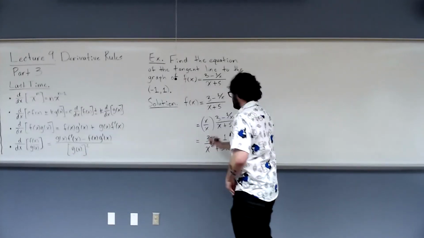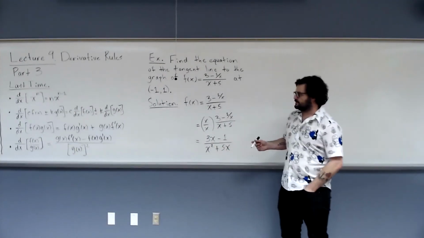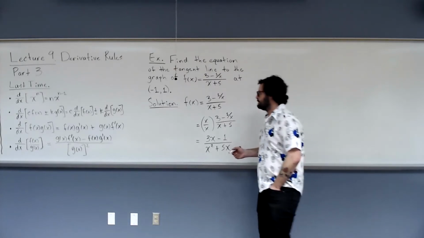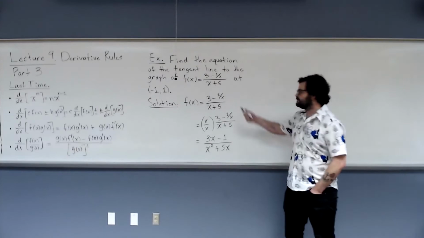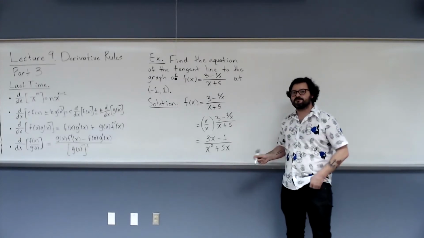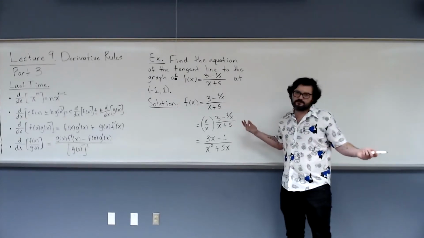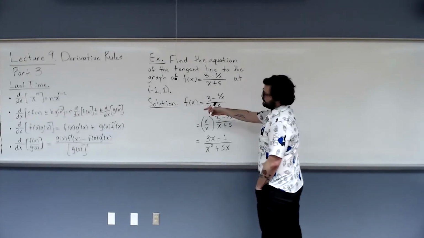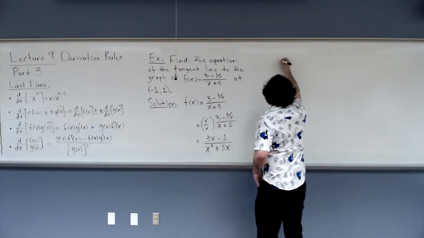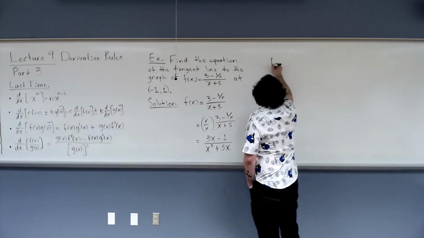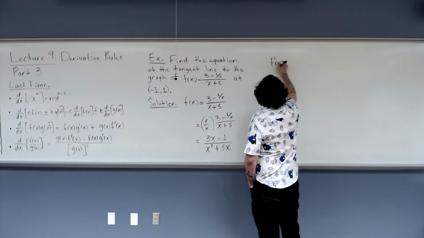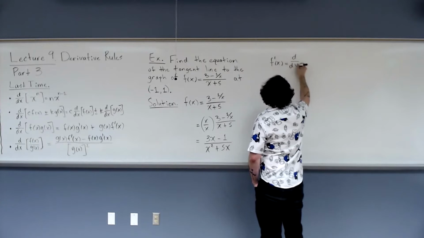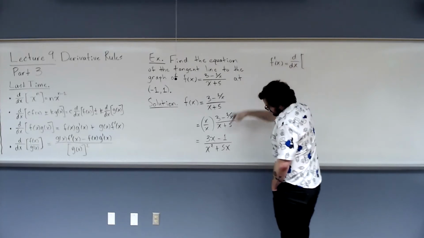Now that it looks like this, I'm going to apply the quotient rule to find the derivative. Admittedly, you didn't have to do that, but it will make your algebra easier. So part 2 is apply the quotient rule. f prime of x is equal to the derivative with respect to x of that thing.